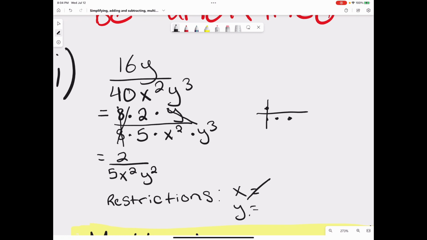So x cannot be and y cannot be. Right now for this equation, it looks like the only restriction is 0, because when you multiply 8 times 5 times 0 squared times y to the power of 3, you're going to get 0 at the bottom. And that obviously is not what we want. And it's the same for the y variable. So for right now, x and y cannot equal 0.